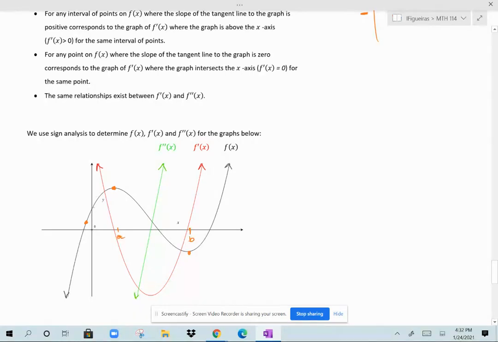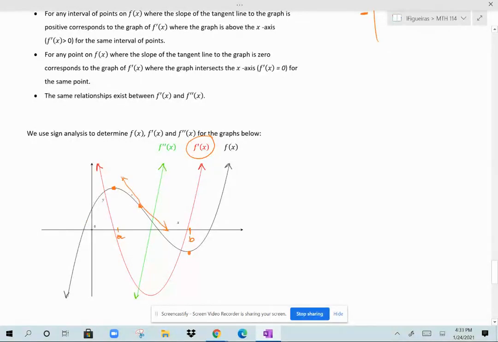Anything to the left of A is going to have a tangent line with a slope that is positive. Notice that f prime is positive everywhere to the left of A. So all these values here are positive y values for f prime. Anything to the right of A but before B, so between A and B, the tangent line there is going to be negative.